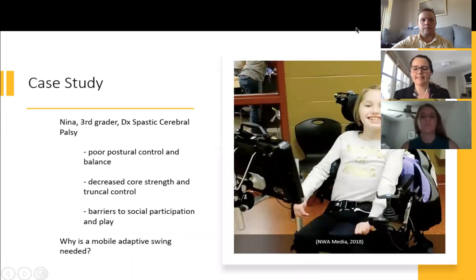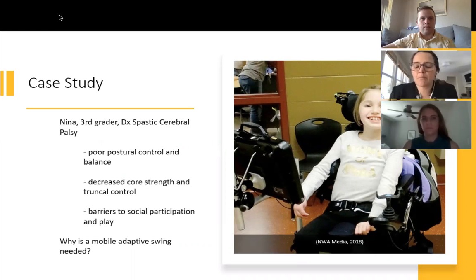So our client's name is Nina. She's a third grader with a diagnosis of spastic cerebral palsy. She is experiencing poor postural control and balance, decreased core strength and truncal control, and thus creating barriers to social participation and play due to inaccessibility issues to her playground structures.